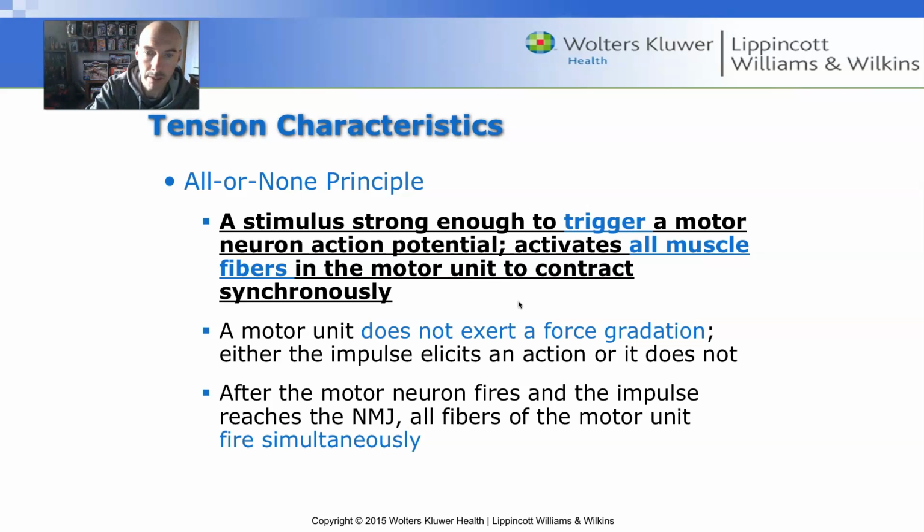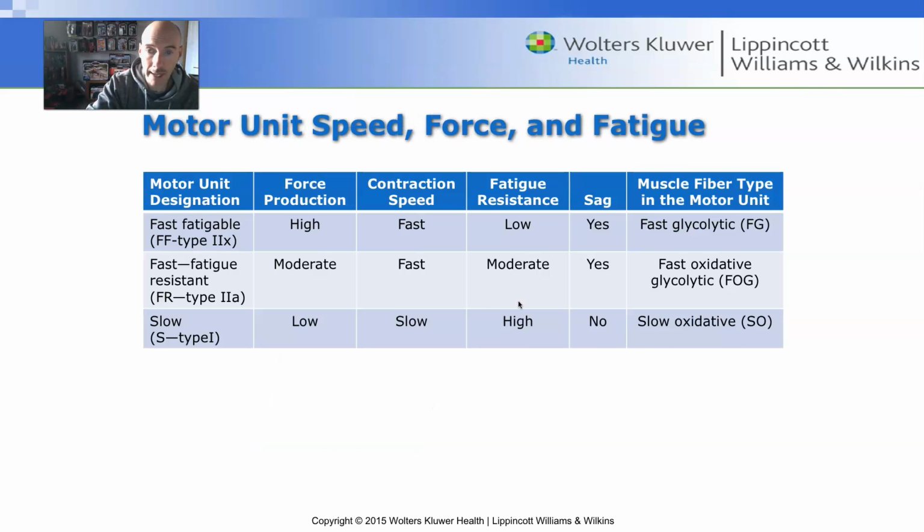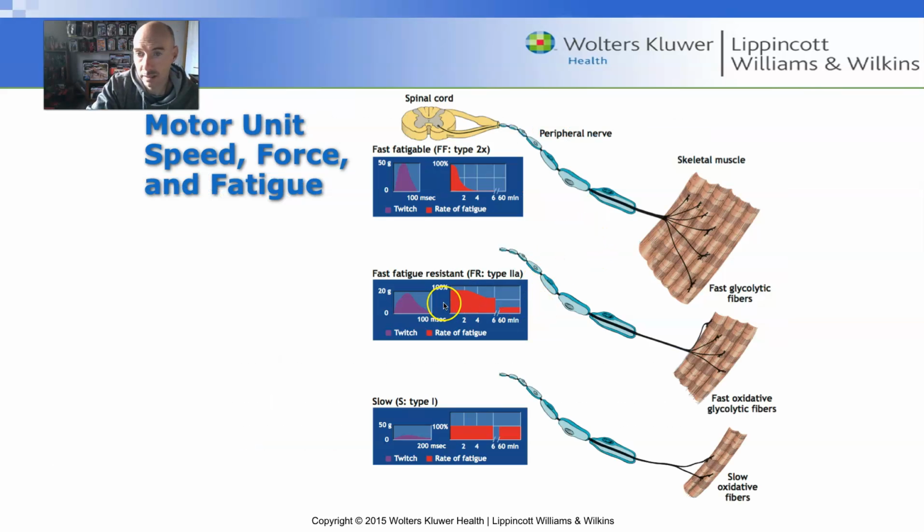What the all or none principle states is once a motor unit is activated, every fiber that motor unit touches is going to be activated. So if I jump back to say this slide, I can't just activate one of these fibers, right?